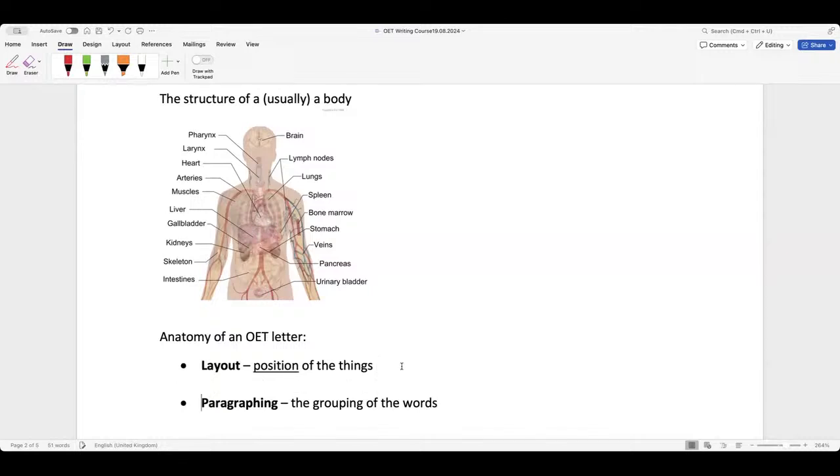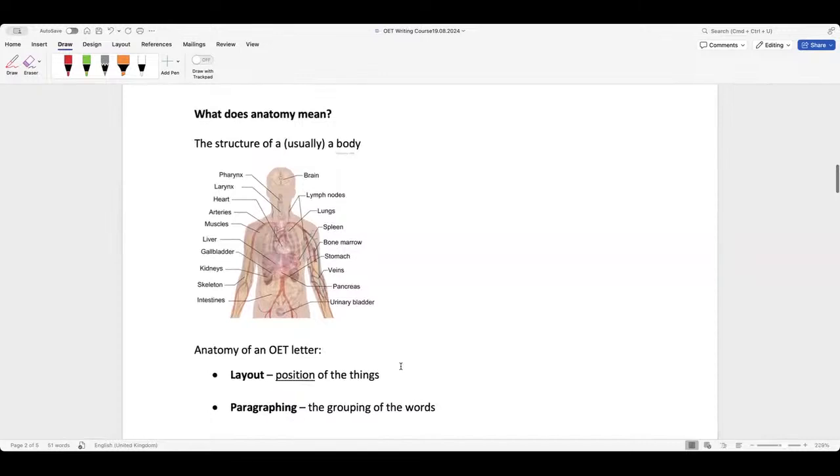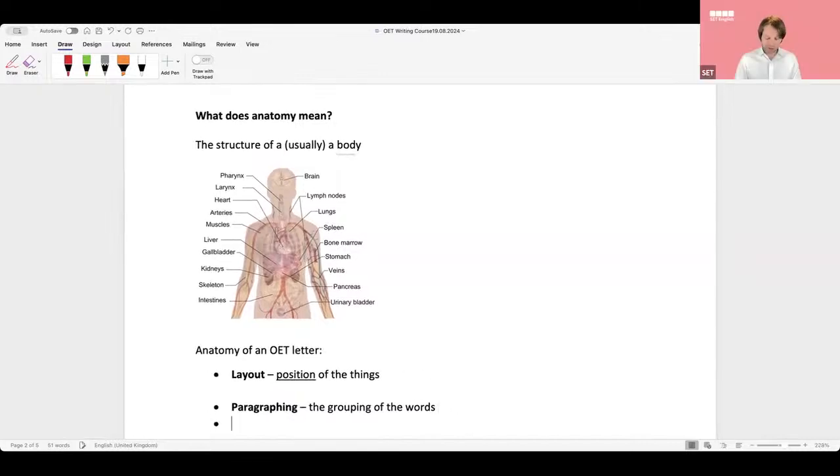For example, one paragraph about medication, one paragraph about care plan. Great, I'll put that here as example. One paragraph about medication only, yeah?